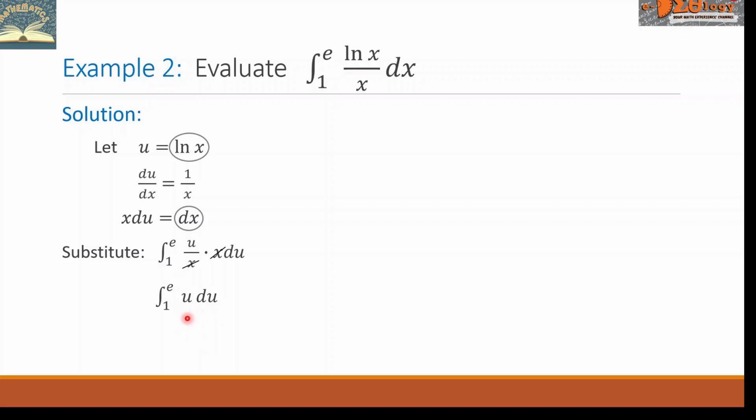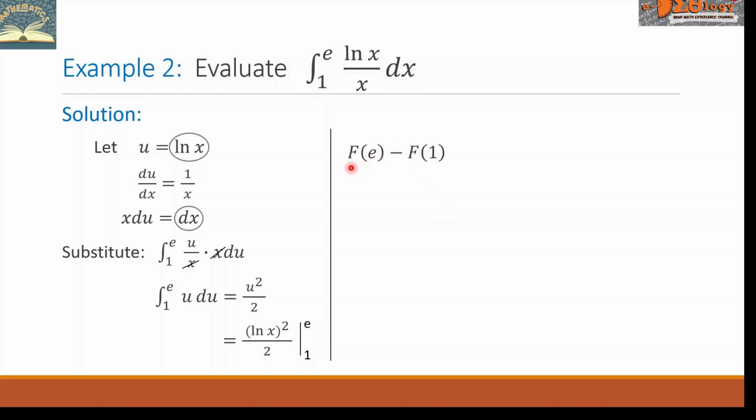And then we apply our power rule. We have u squared over 2. We don't write the plus c. Then we retain the value of u in terms of x. That is our ln x, that is raised to 2 all over 2. Now we evaluate this from 1 to e.